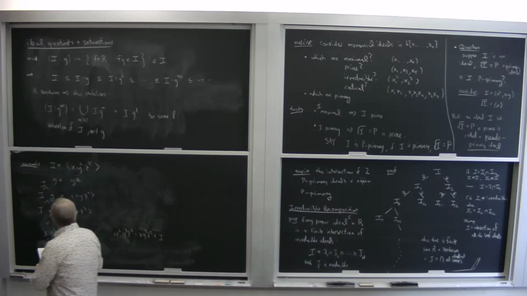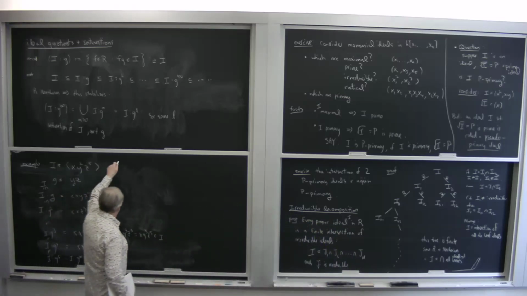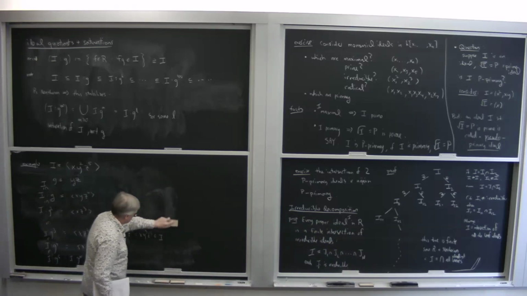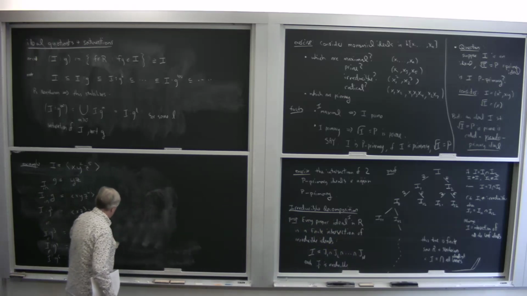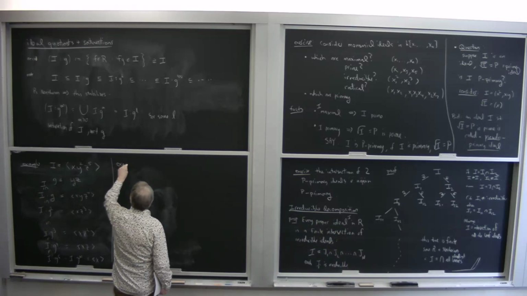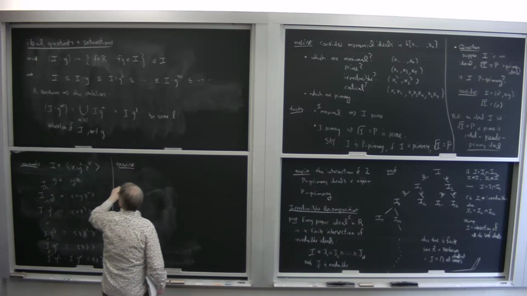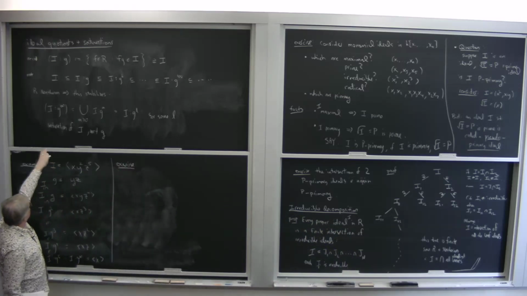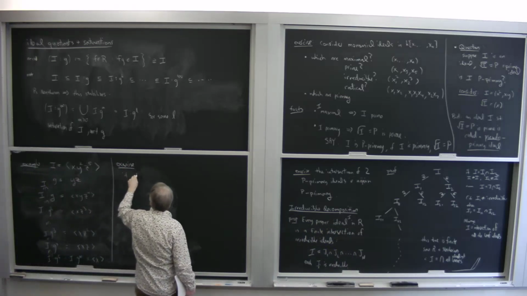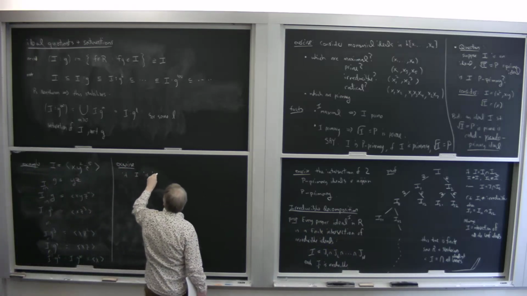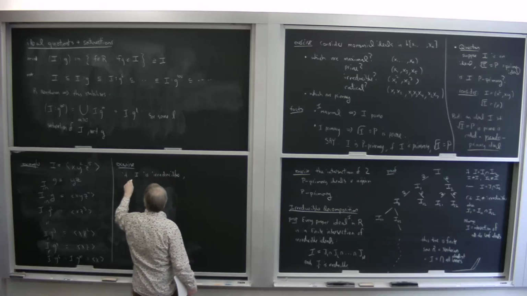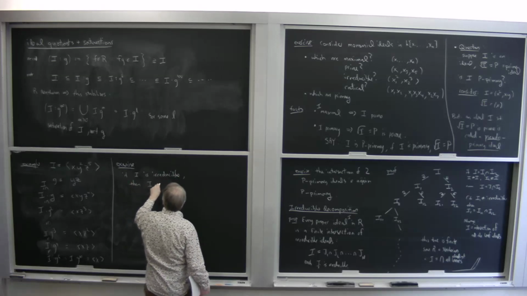So a couple of things, by the way, about this. Here, I'm going to remove this little bit here. Here's another exercise. I think a good way to think about this is that if I is irreducible, then I is primary.